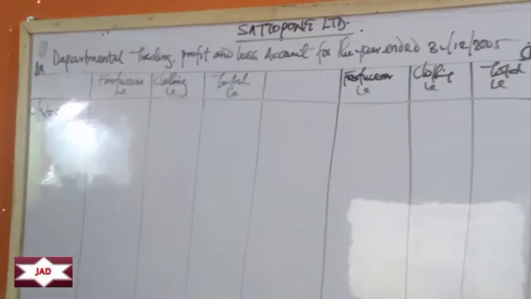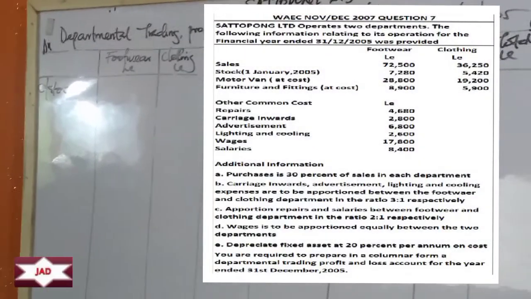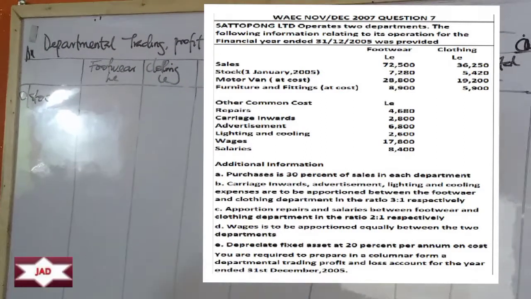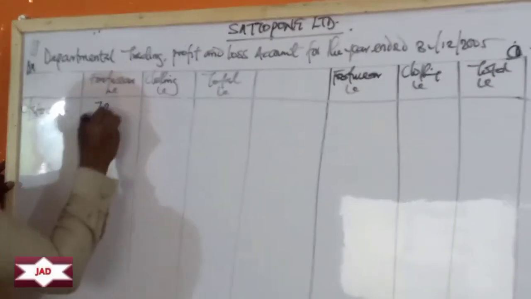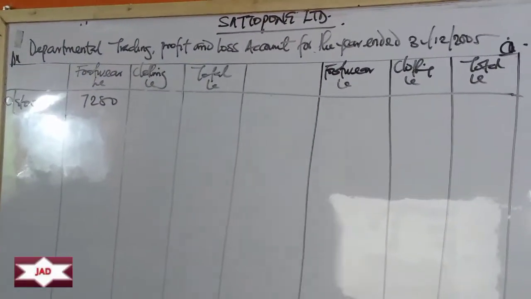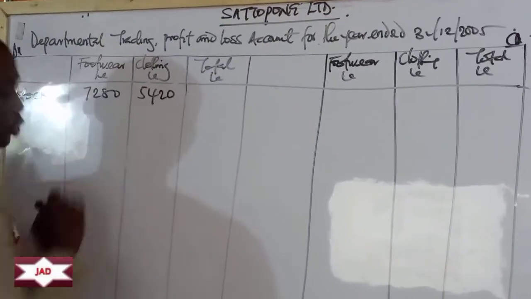So the first thing here, we say what? Opening stock. We have stock 1st January 2005, footwear 7280. We have clothing 5420. So what's the total?